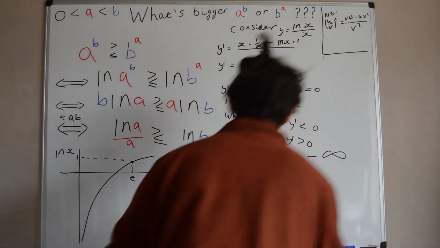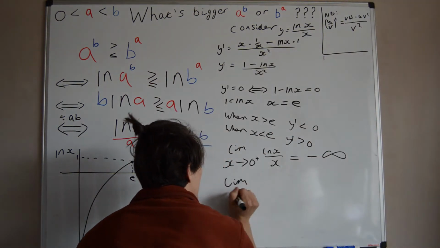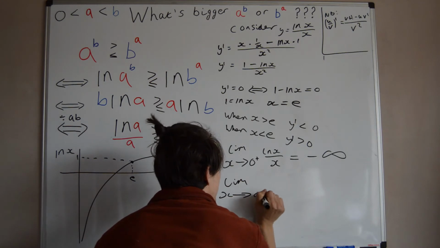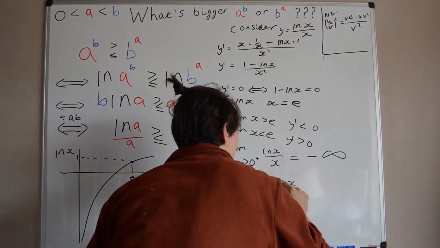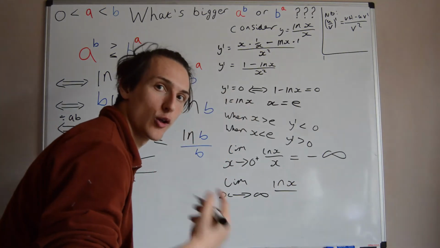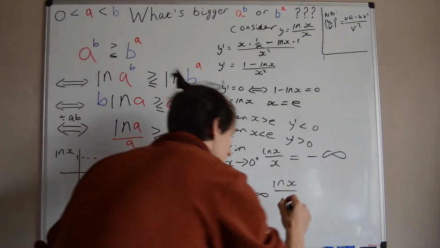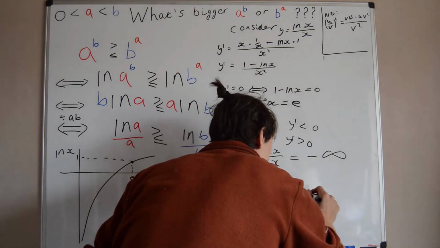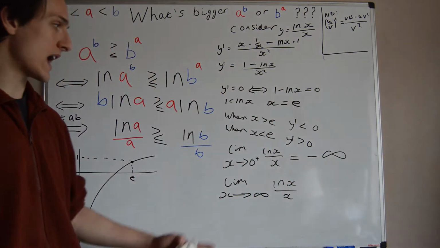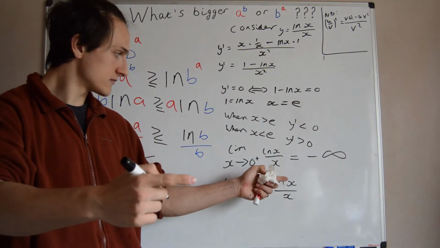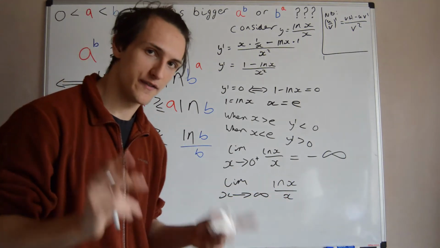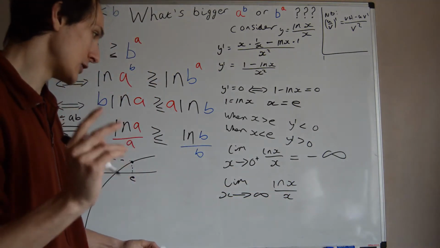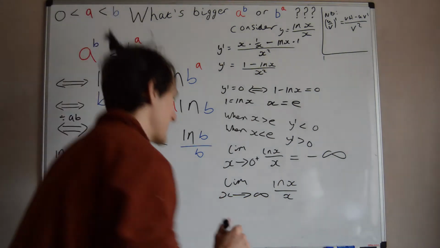Okay? Now, something that's slightly more rigorous is the limit as x goes to infinity of the natural logarithm of x divided by x. For this one, we have something of the form infinity over infinity. So we can apply our favourite rule, the easiest rule, L'Hopital's rule.